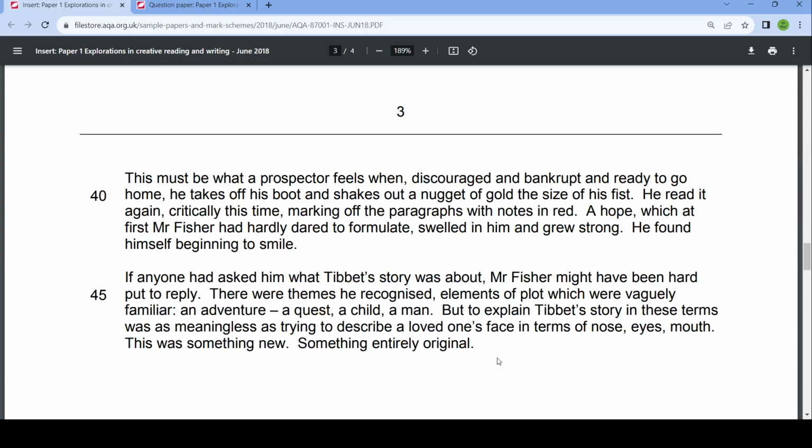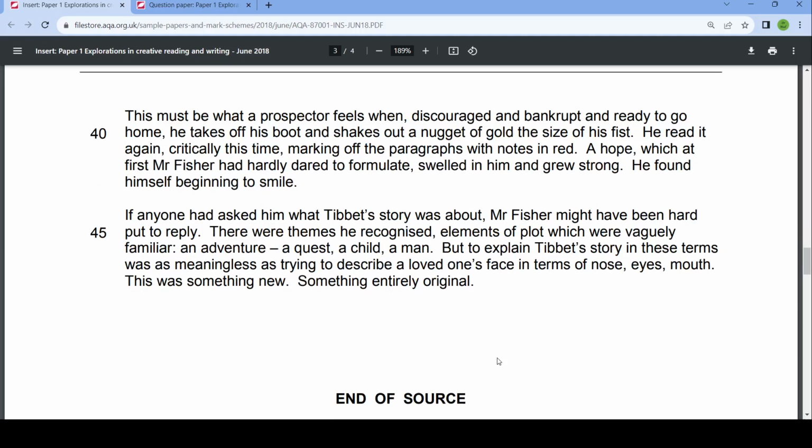Usually it's only a little bit onto the second page, so it makes you wonder why they can't keep it all on one page. I do suspect that that's deliberate. They do want you to turn the page and to find information on two sides, which is a little bit more difficult than if it was just on one page. So these small things do make a difference.